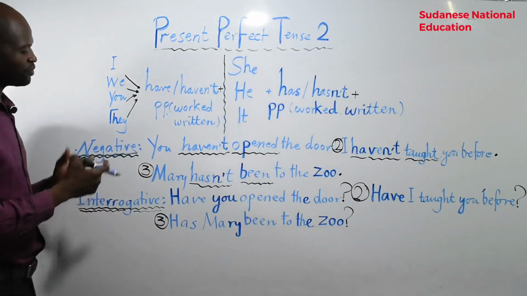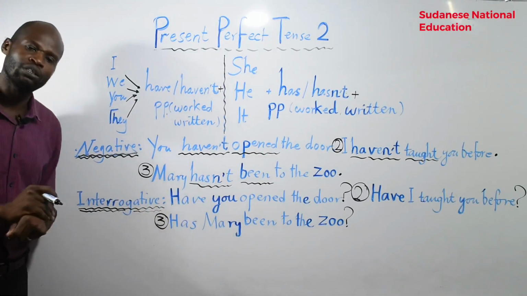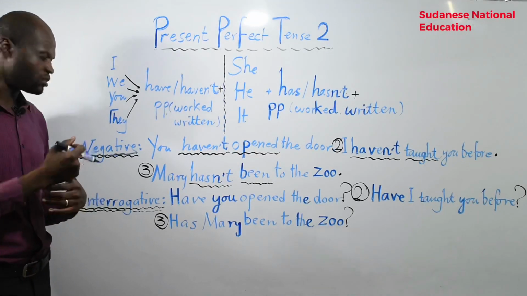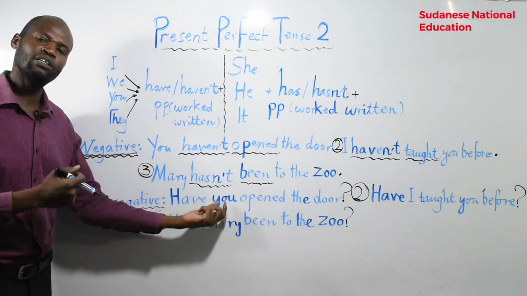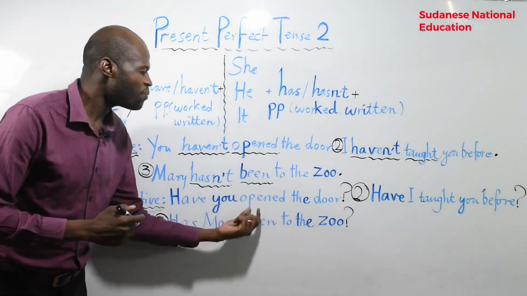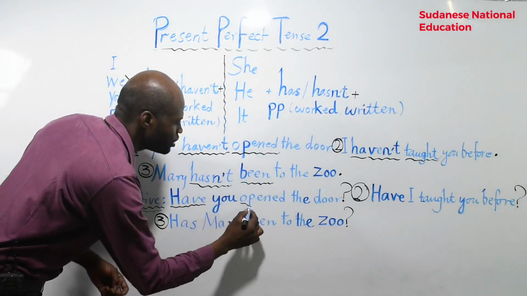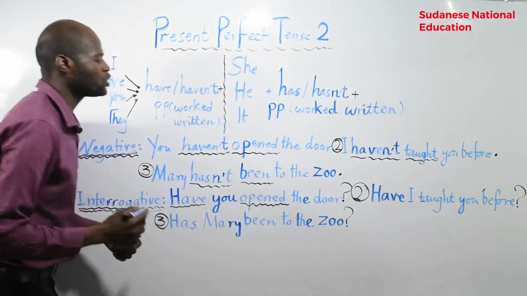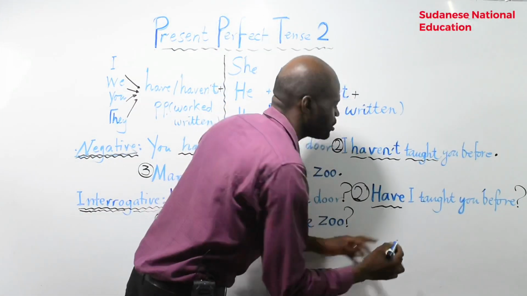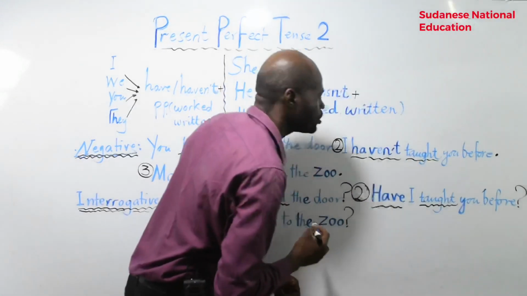For interrogative, as we said before, the verb have is one of the peculiars, and we know that we change the order by what we call inversion. We invert, meaning the verb and then the subject. So here, interrogative sentences: Have you opened the door? Have, and then the subject, and then the non-finite verb, which we call past participle. Number 2, also have, and then the subject I, and then the past participle taught.